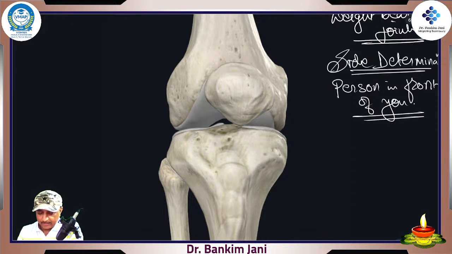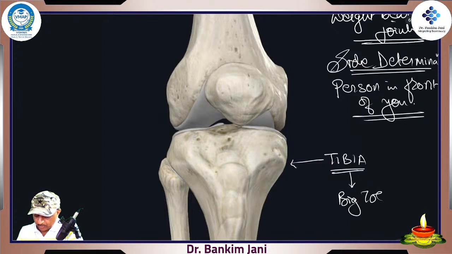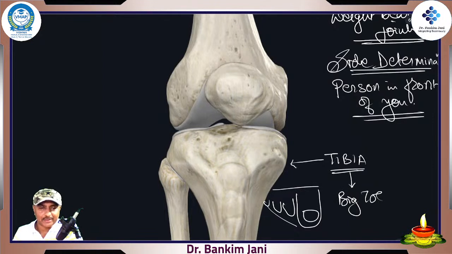This one is the tibia. The tibia is the bigger bone, so this will be the side where the big toe would be. And then all those other toes will be going like this. So if this is the position of the foot, is this the right side or left side?